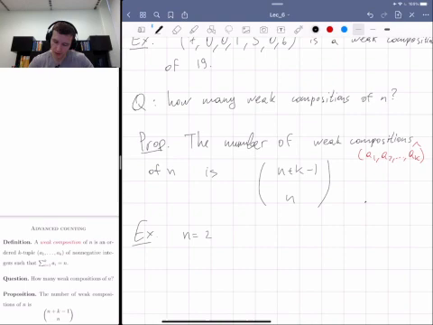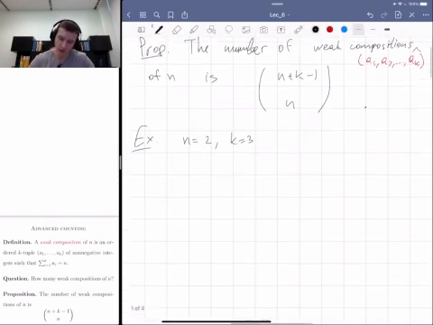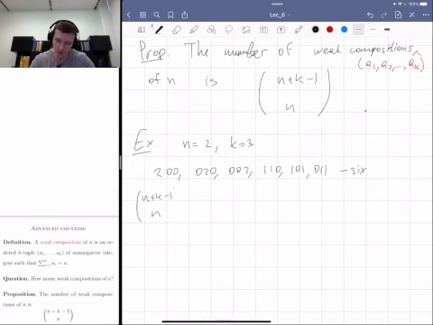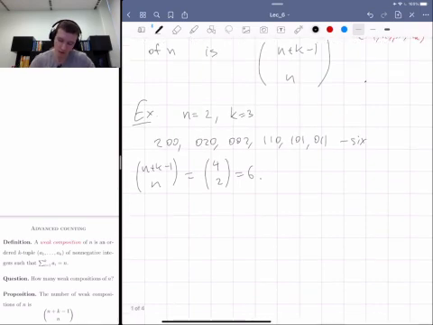Maybe n equals 2, and k equals 3. Then the weak compositions of 2 of length 3 are 2,0,0; 0,2,0; 0,0,2; 1,1,0; 1,0,1; 0,1,1. So there are 6 of them, and n plus k minus 1 choose n is 4 choose 2, which is 6. So luckily for me this worked out.